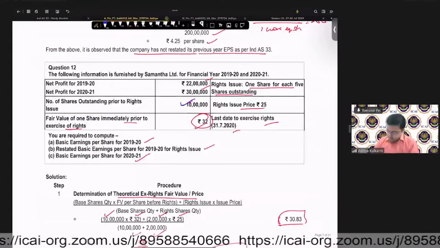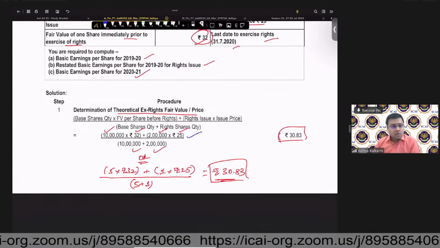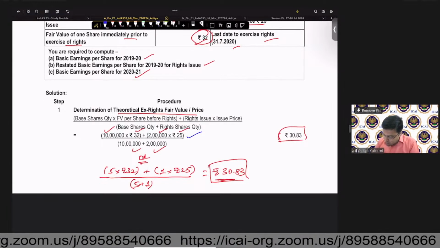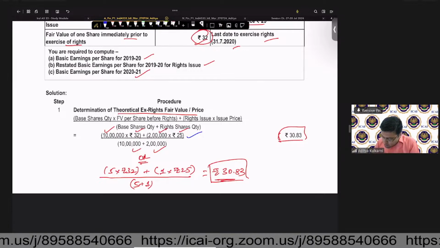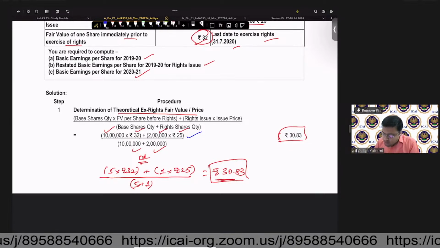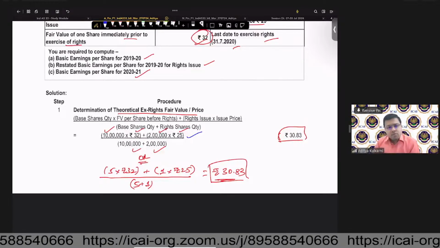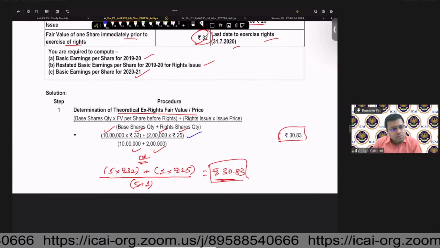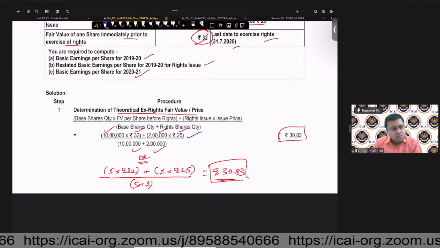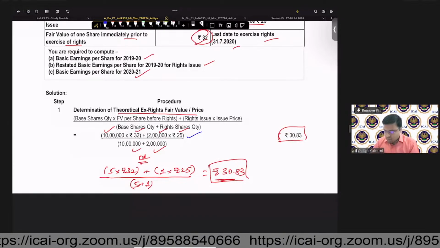My query is, had we not declared the rights issue, then the condition would have been different. So why, after the rights issue, in the beginning the number of equity shares will be 10 lakhs plus that 37,838 bonus component.